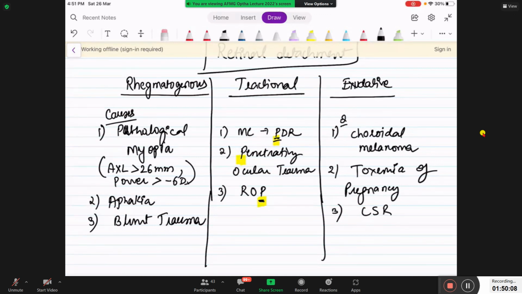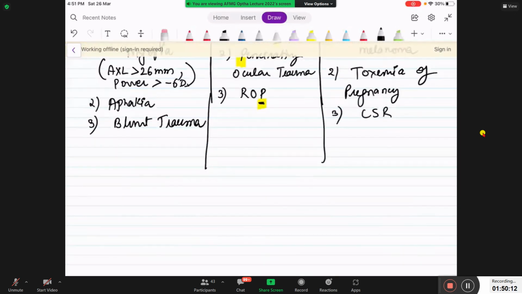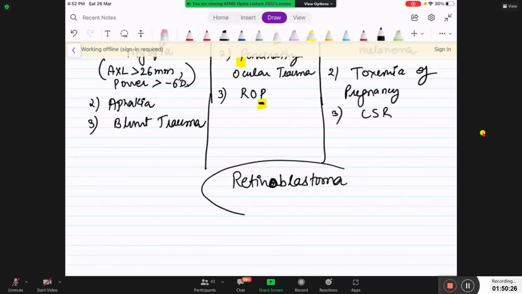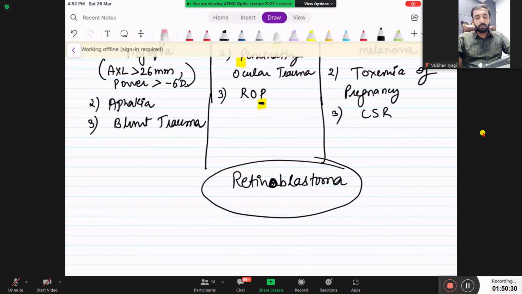Next, before taking a break, write down important topic. Last is retinoblastoma. So we have studied retinoblastoma before. Now tell me, what was the treatment?